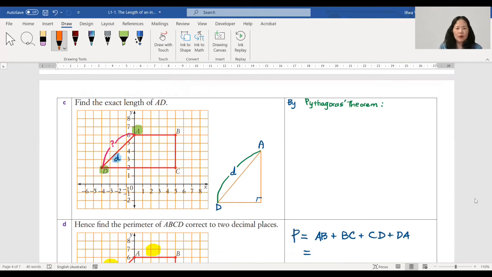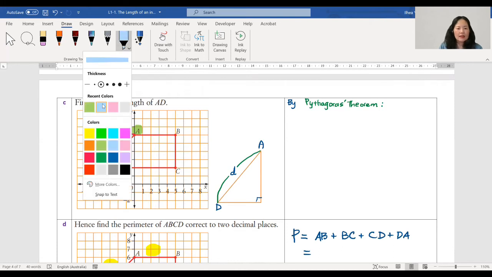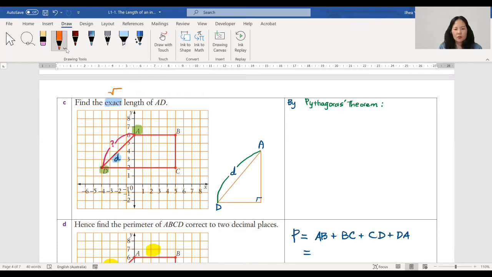Okay, part C, find the exact length of AD. Now, when it says exact, guys, that means we're just going to have to leave it as a square root. Don't put it in a decimal. Let's have a look. AD, I've got this, and to find the interval AD, we need to have a right angle triangle, isn't it? So what I'm going to do is take this part out because that's my right angle triangle, and I'll just put it in here, right there. I need to know the length of here and the length of here. Look at the bottom part of it. 1, 2, 3, 4.